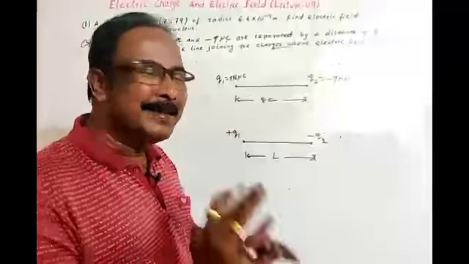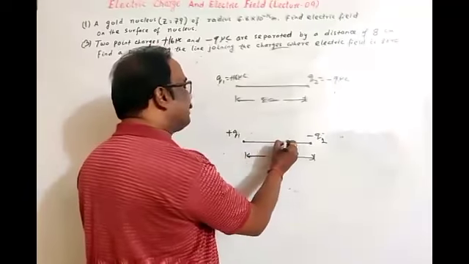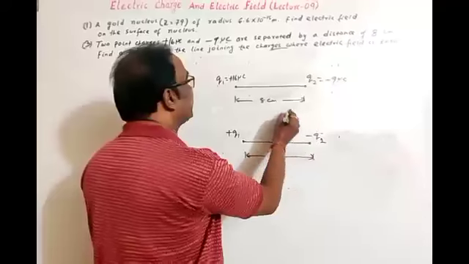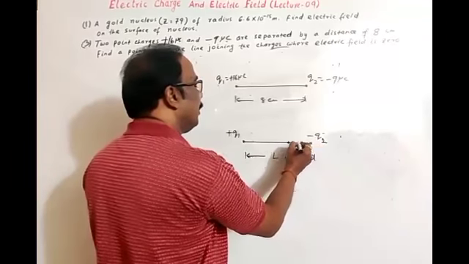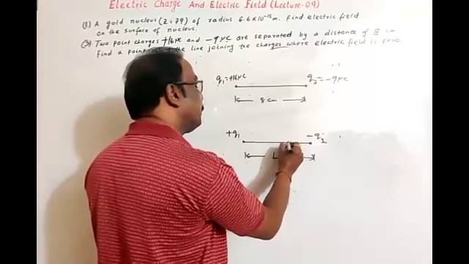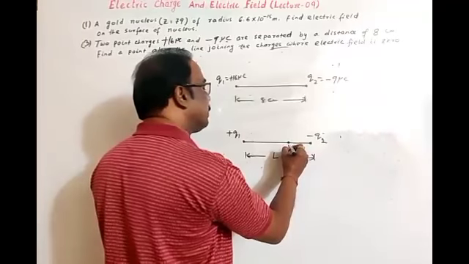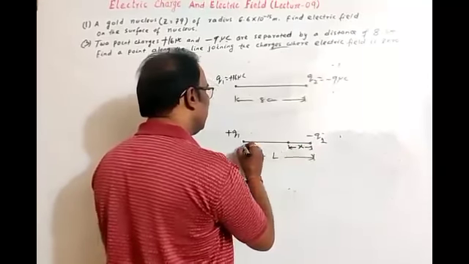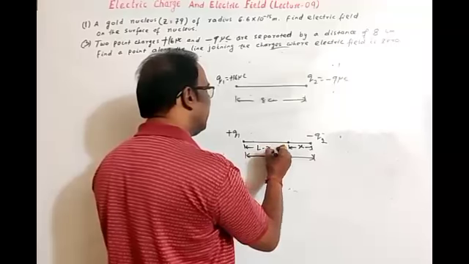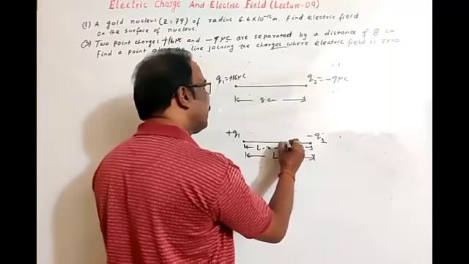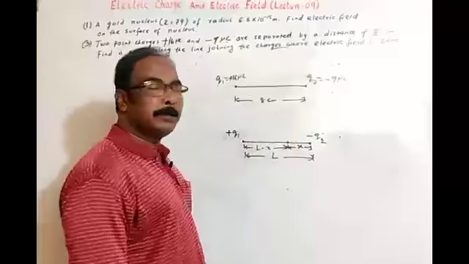Let's see. Consider a point nearer to the smaller charge q2, at a distance x from it; the remaining distance is L minus x. Assume that at this point the resultant field intensity is 0.